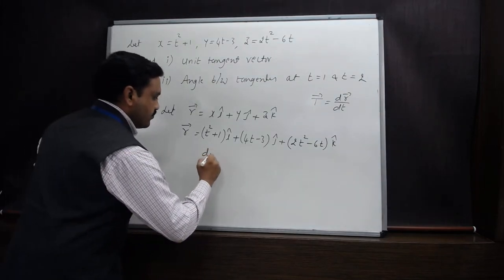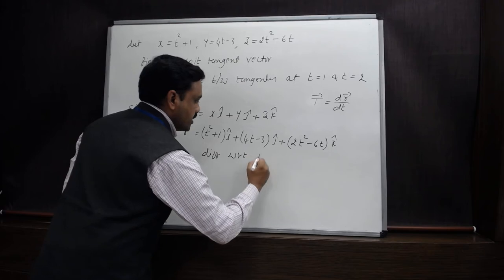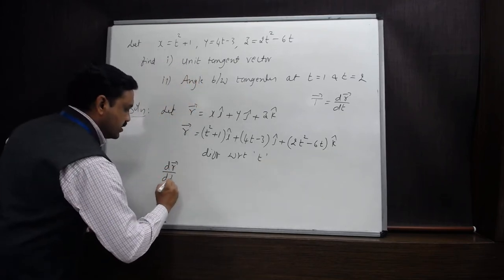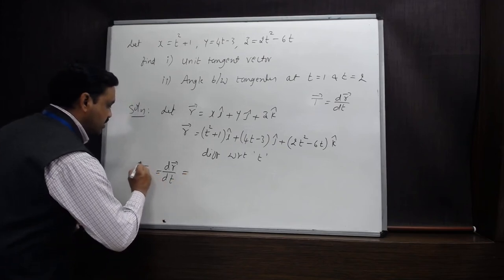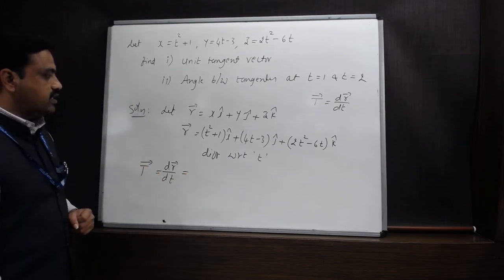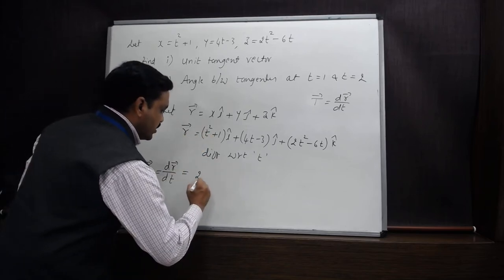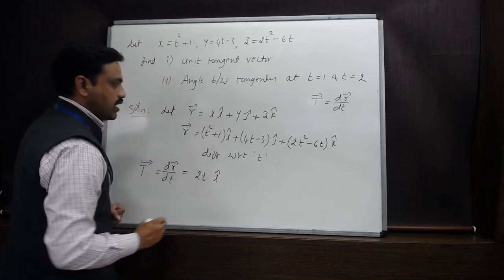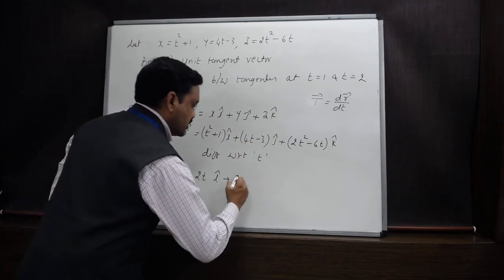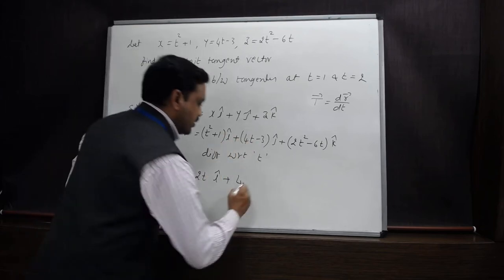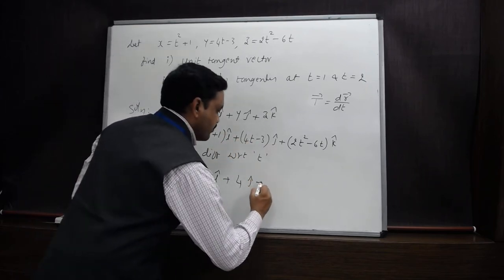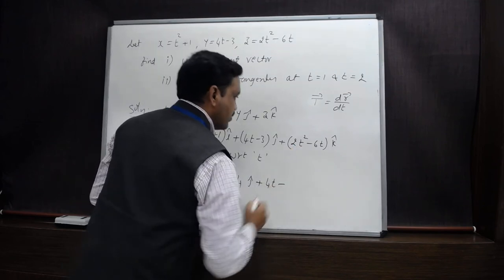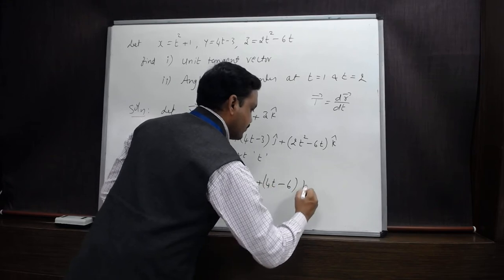So differentiate with respect to t. The LHS is denoted as dr by dt, which is nothing but the tangent vector, denoted as T. The differentiation of t square is 2t, the differentiation of 1 is 0, so 2t i cap, plus the differentiation of 4t minus 3 is 4, j cap, plus the differentiation of 2t square is 4t, minus 6, k cap.